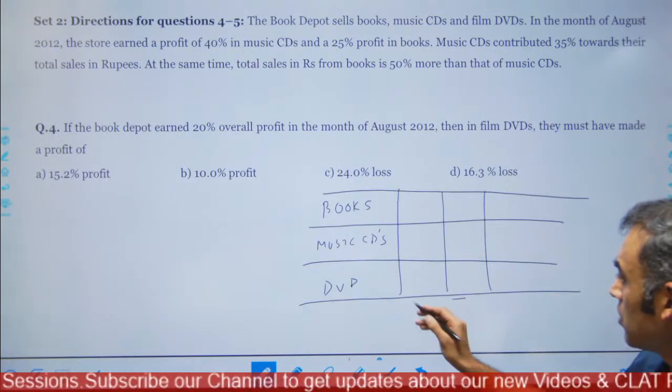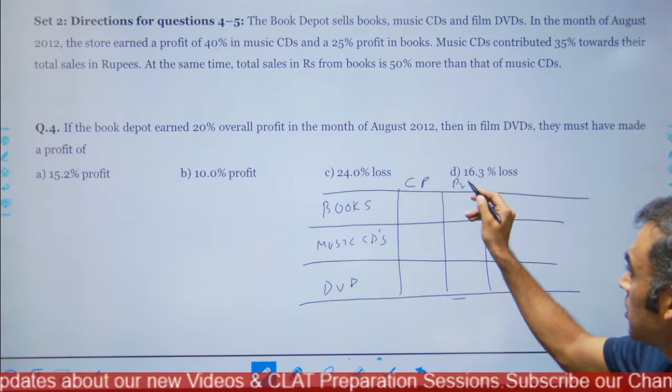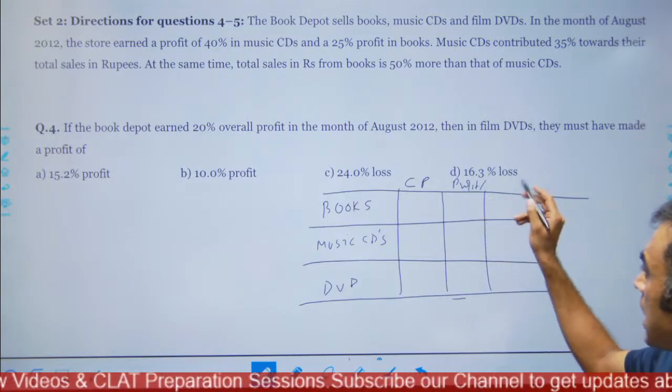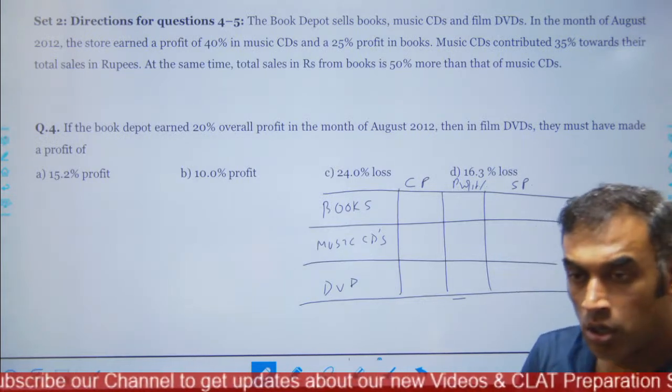So I'm writing it here. Let me just write it here: cost price, profit percentage, and the selling price.